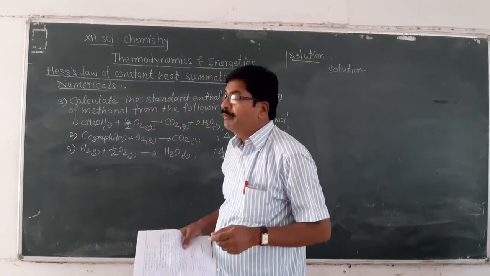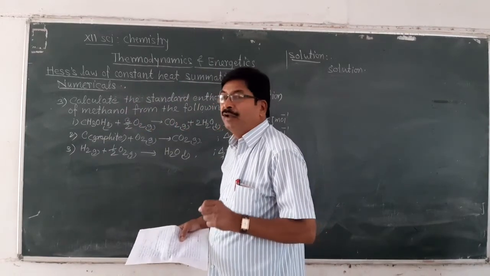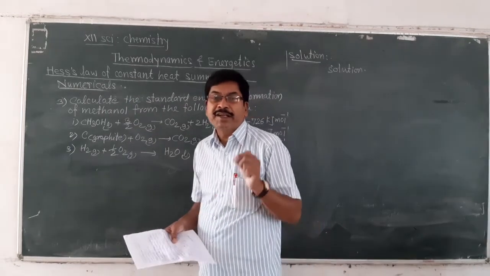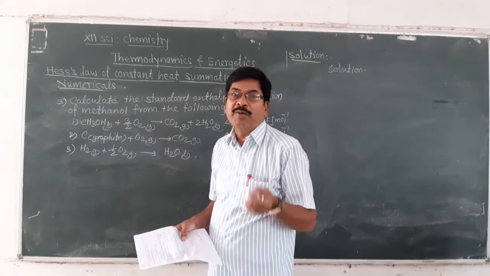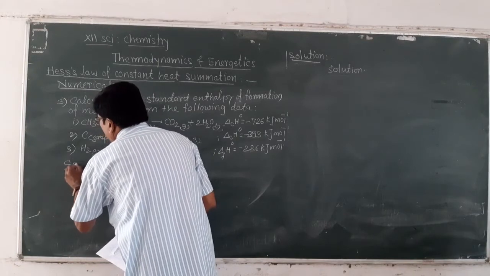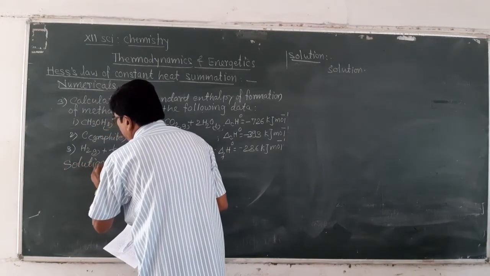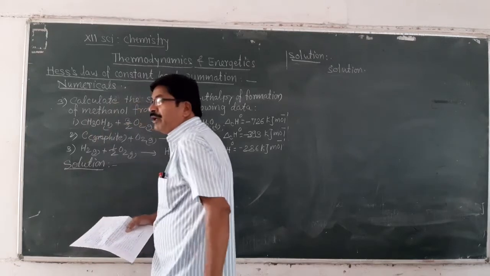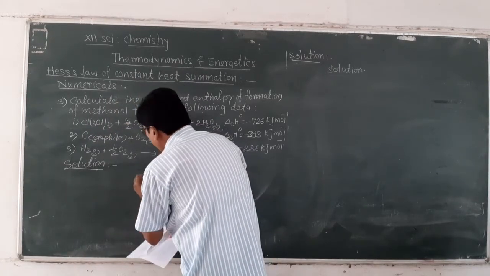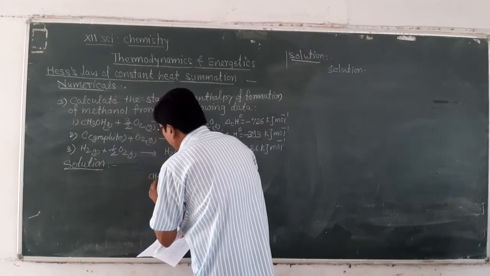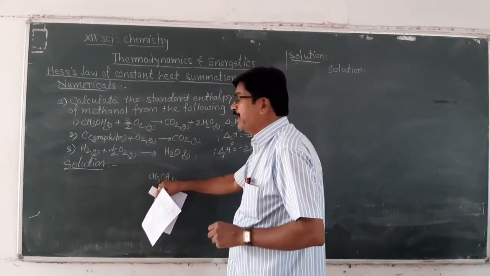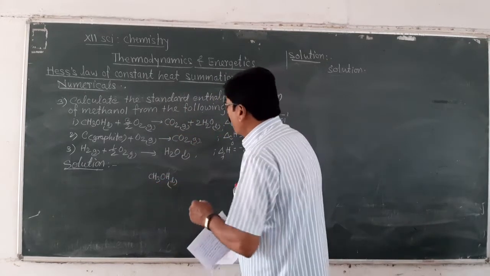Here, as per the definition of enthalpy of formation, it is the enthalpy change when 1 mole of the substance in its standard physical state is formed from its constituent elements. Here we have to write the formation equation for methanol. 1 mole of methanol is formed. The substance to be formed is written as 1 mole on the product side.